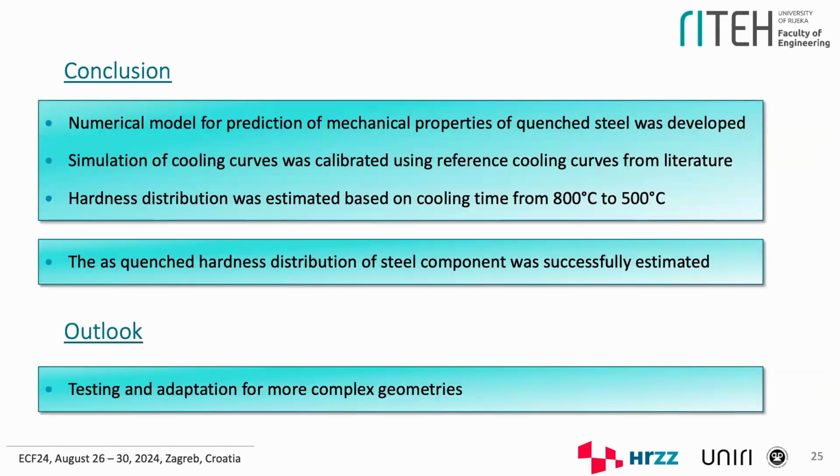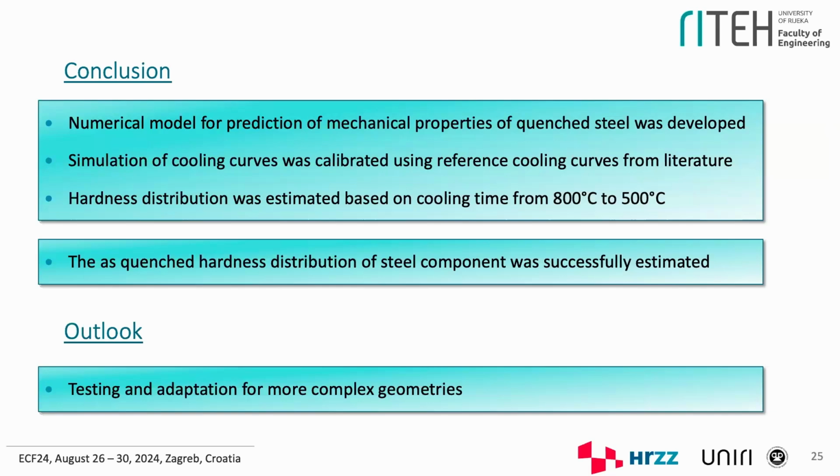Quick debrief of all this: I developed a numerical model to predict the hardness distribution of steel quenched in oil. We got cooling curves from this numerical model, which we calibrated using literature.